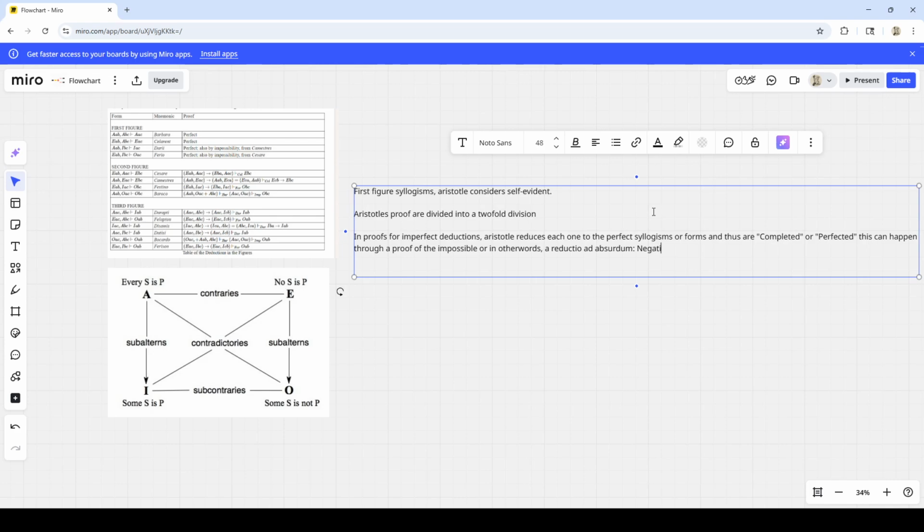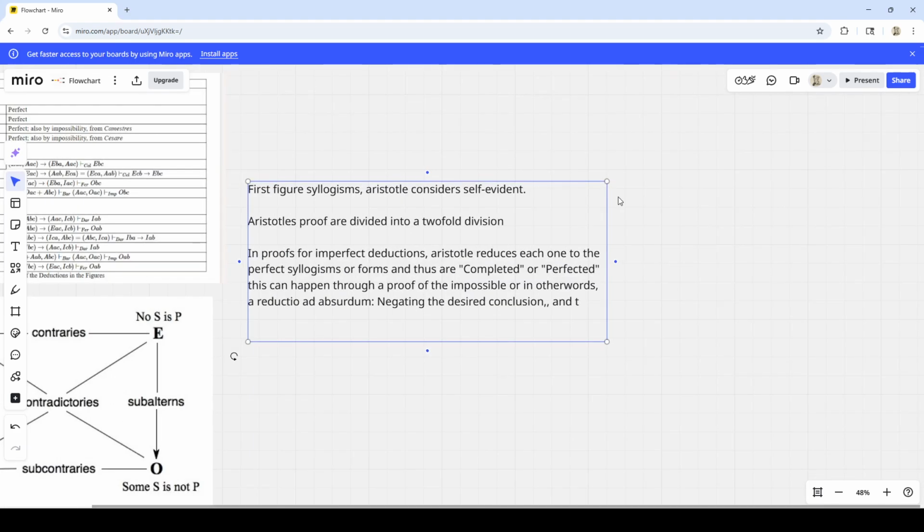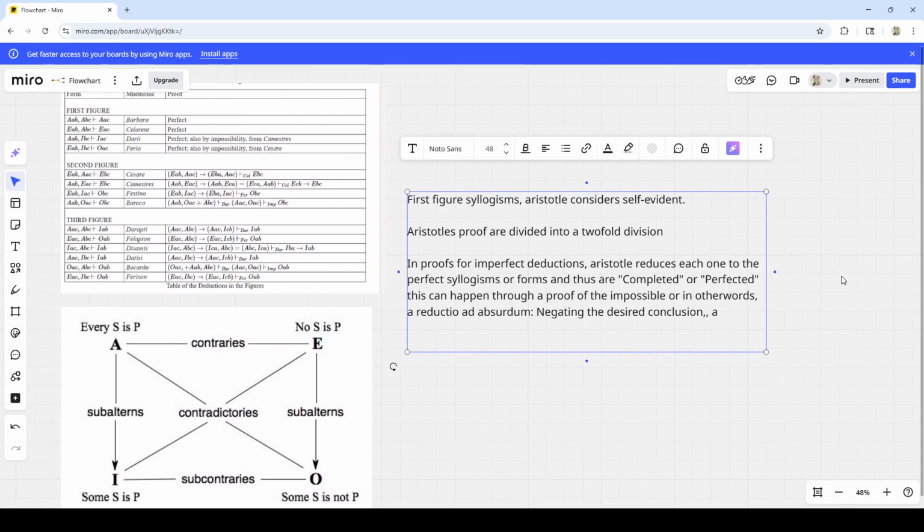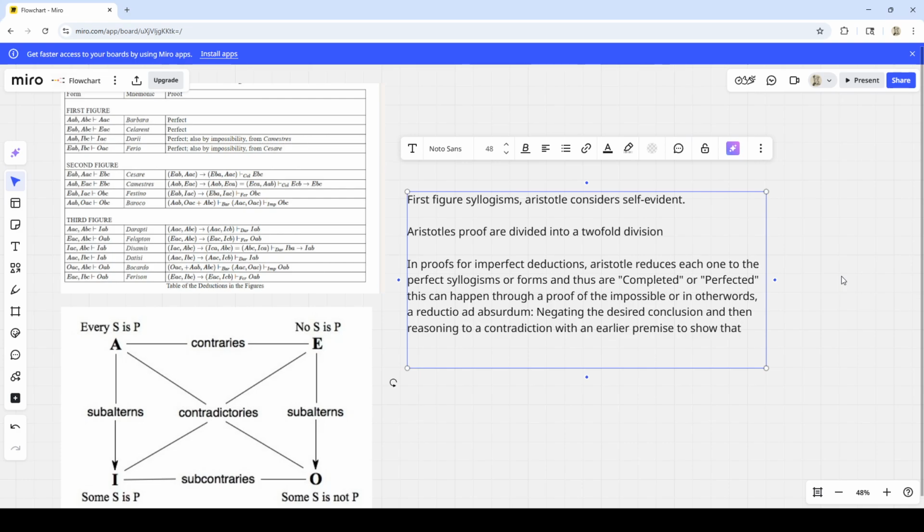So it's negating the desired conclusion, and then reasoning to a contradiction with an earlier premise to show that it contradicts one of the earlier assumptions. Okay, so this is known as a proof through the impossible.